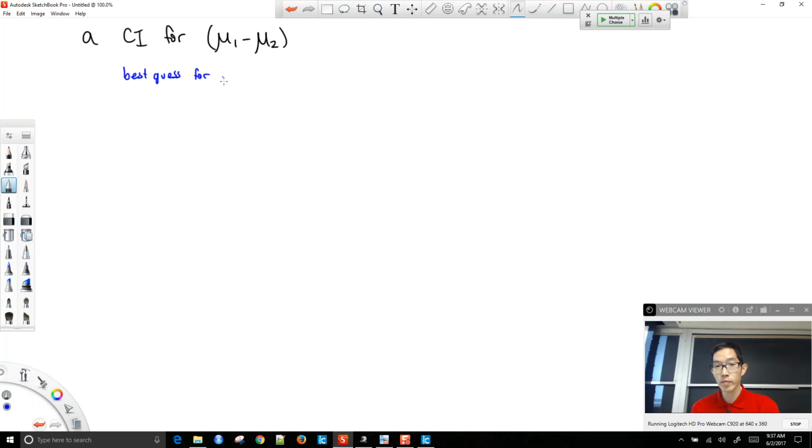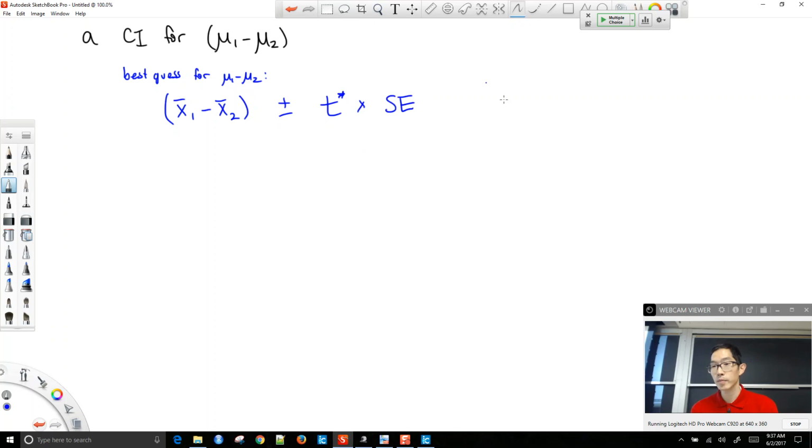The best guess is the difference between x bar 1 and x bar 2. That goes right in the middle. And then we do plus or minus critical value t star times the standard error.